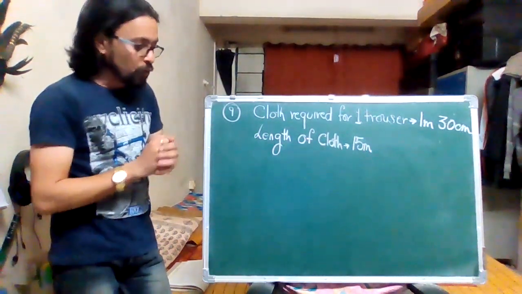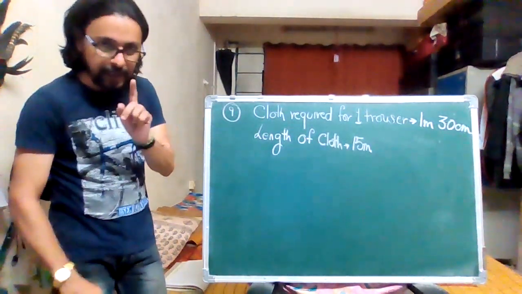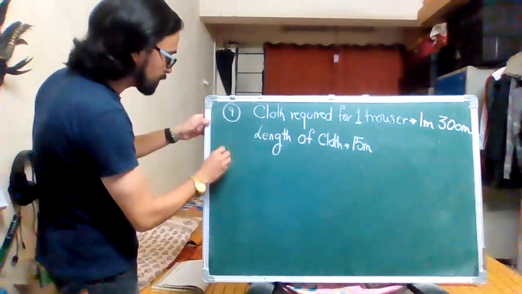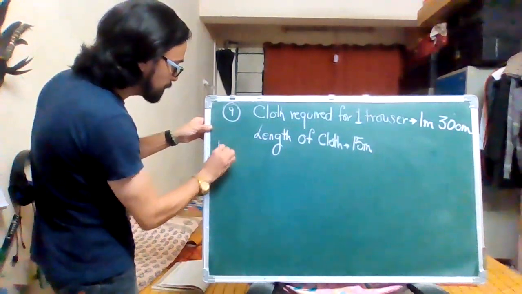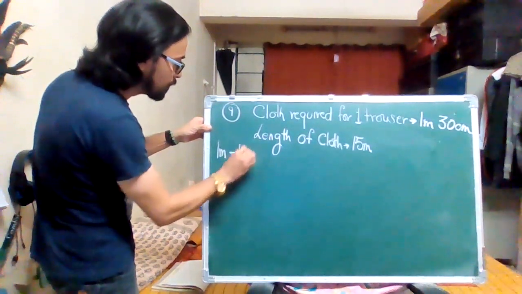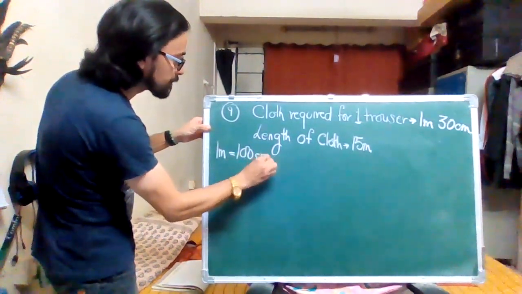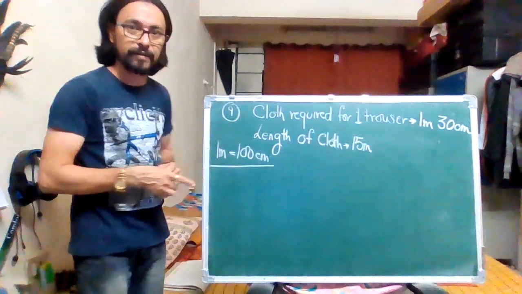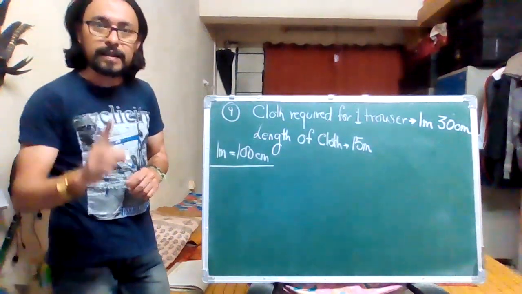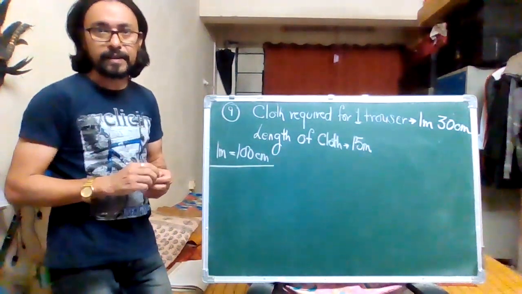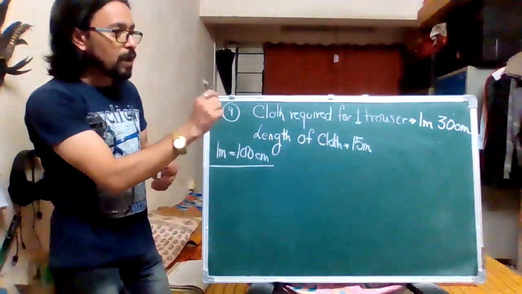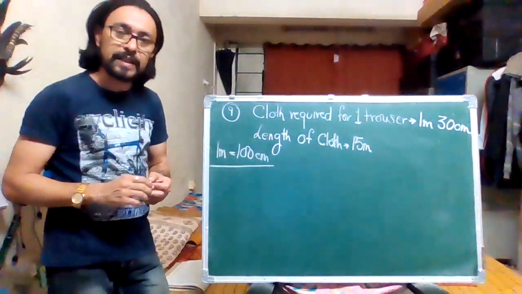For that, you must remember the fact that you must have learned in the lower classes, that 1 meter is equal to 100 centimeters. That will help you to convert your meters into centimeters.